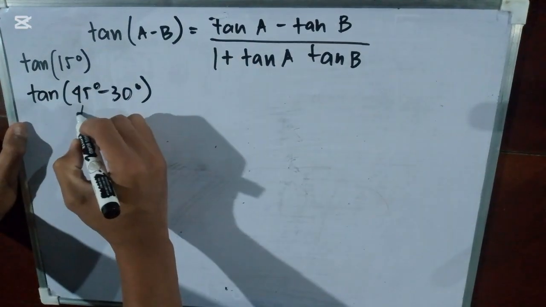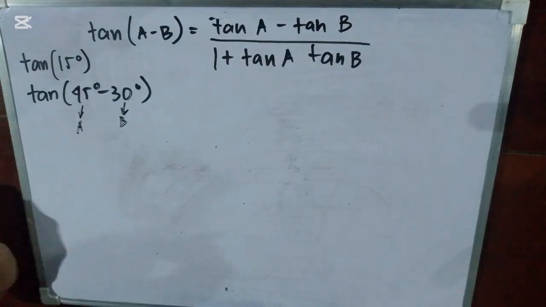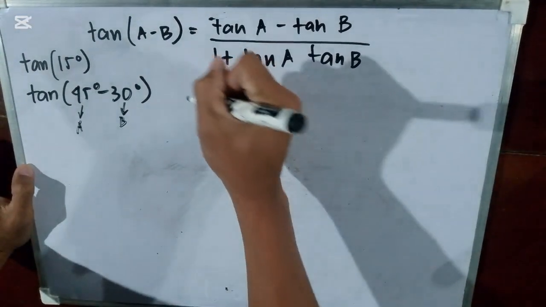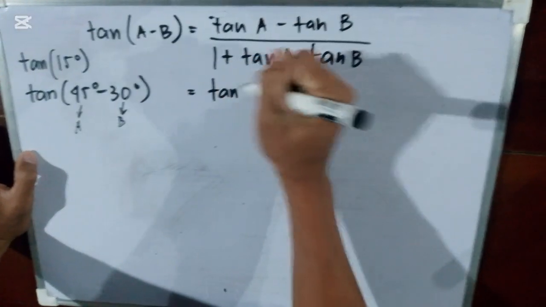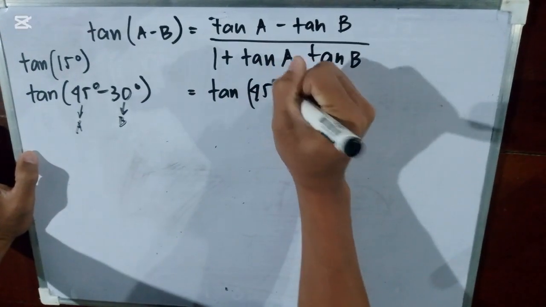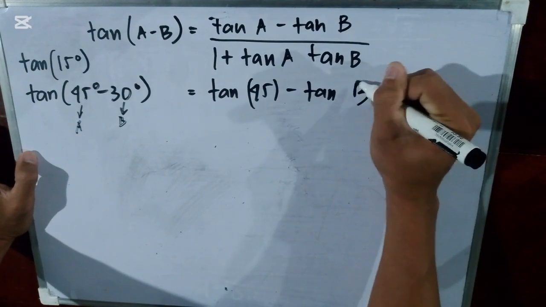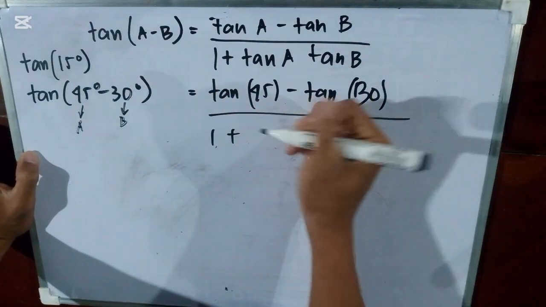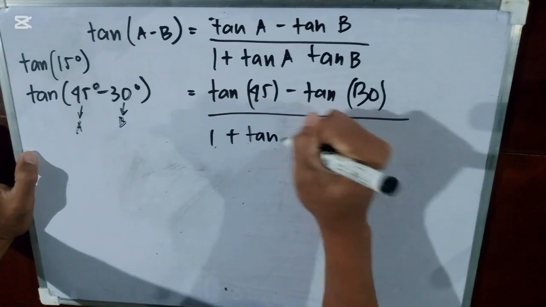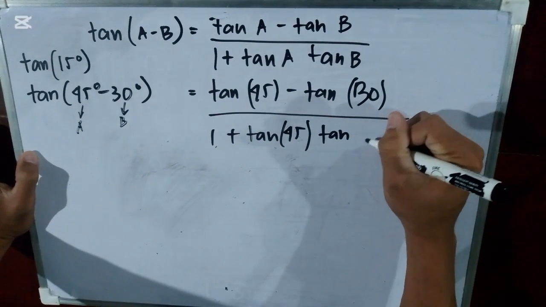And A will be 45 and B will be 30 degrees. Now let's start substituting. Tan A or 45 degrees minus tan B or 30 degrees over 1 plus tan A or 45 degrees times tan B or 30 degrees.